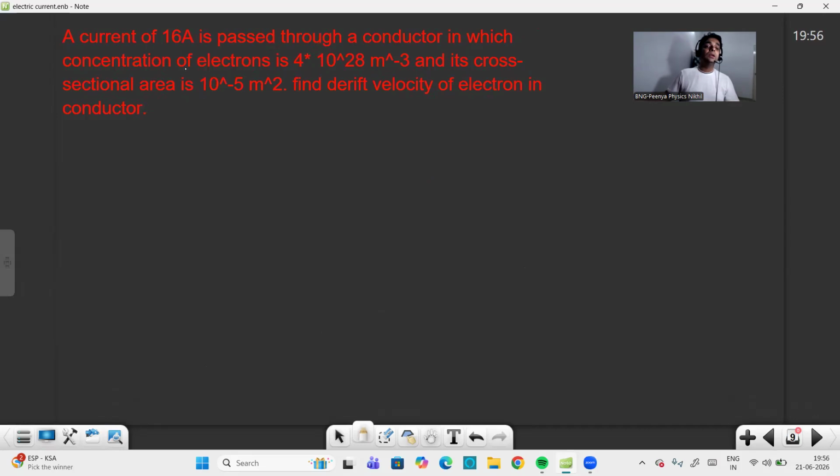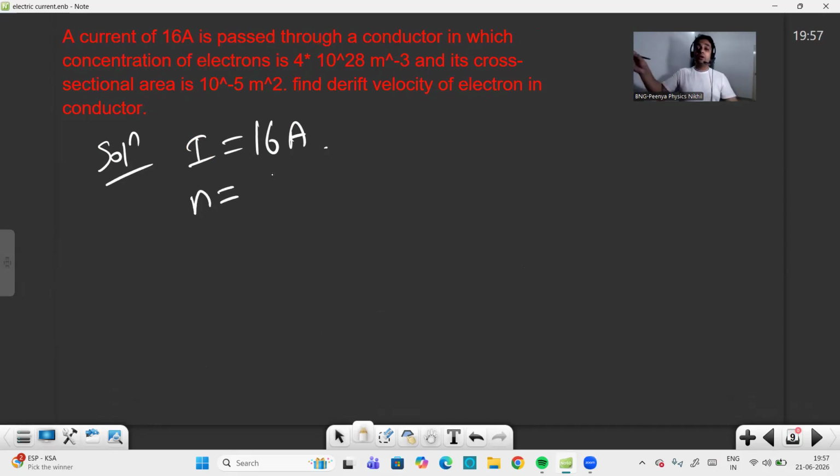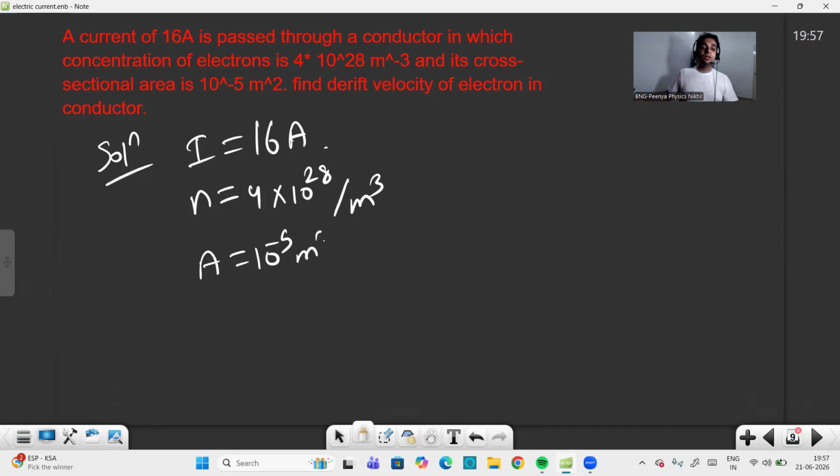Now here, what is given? A current of 16 ampere, so the I value is 16 ampere, passes through a conductor whose concentration is 4 into 10 to the power 28 per meter cube. This is the small n value given, the number of electrons per unit volume. Its cross section area is also given, 10 to the power minus 5 meter square.